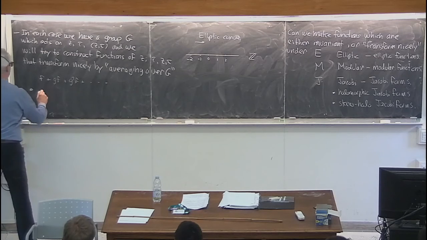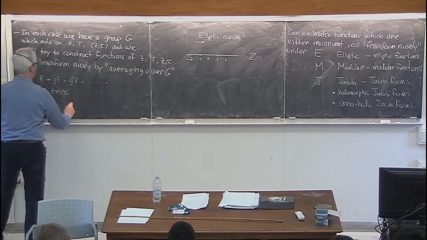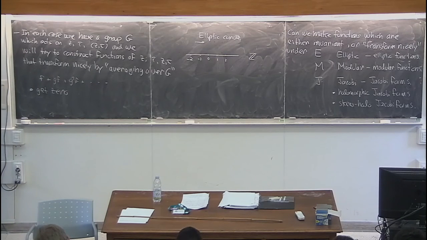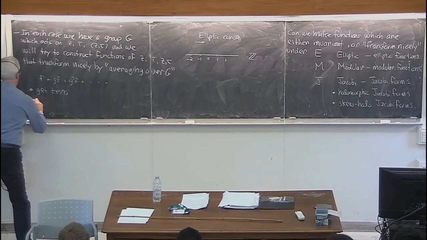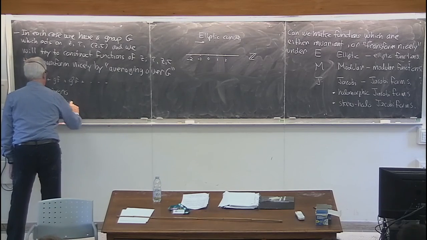Several things can happen. One is you could just get 0. If I try to take a vector and I average it over all rotations of the vector, I would just get 0. You could get a nice function which is invariant.